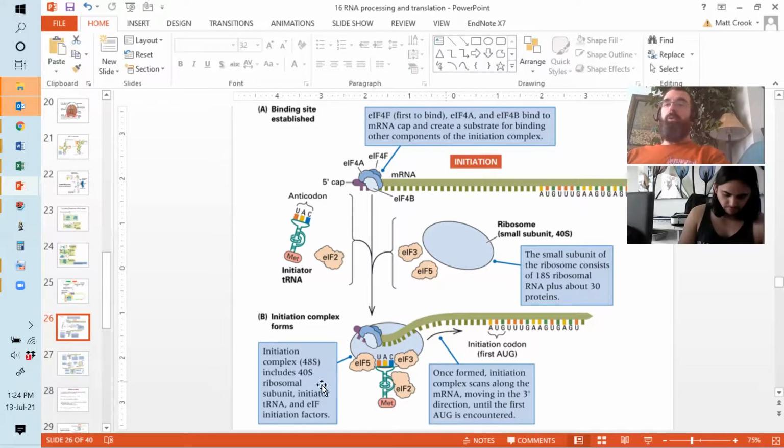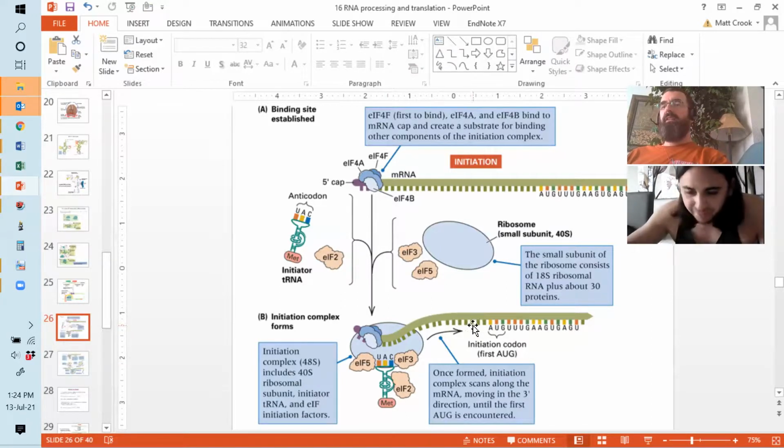So once that's all together, it leaves the 5' cap and moves along the mRNA, or rather feeds the mRNA through it, until that tRNA, you see the anticodon there, the UAC, recognizes a methionine. And so you'll never find a methionine, an AUG, in the 5' UTR, because as soon as that tRNA recognizes this start codon, translation begins.